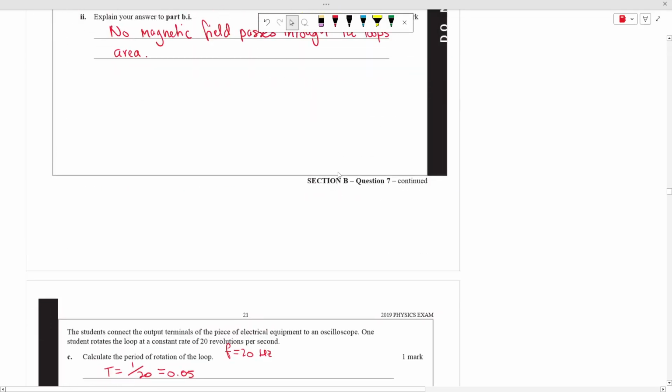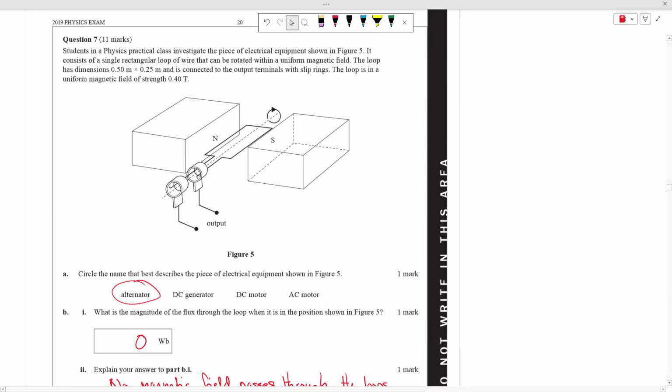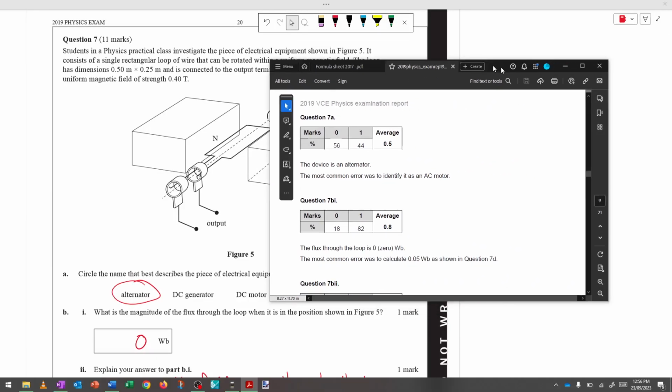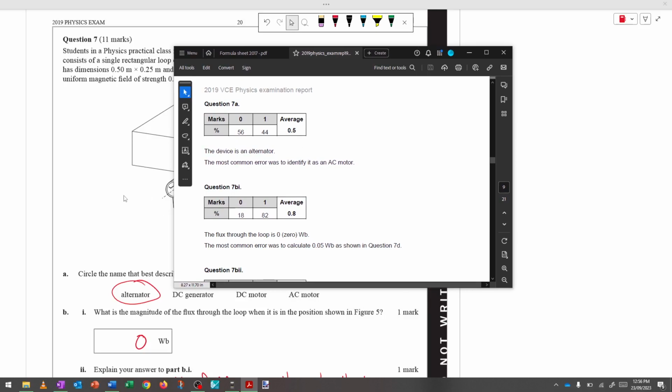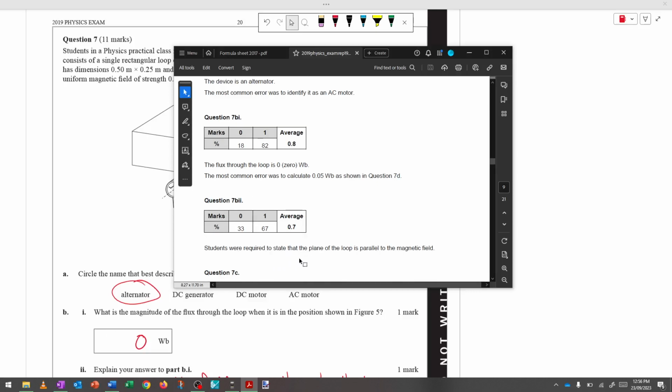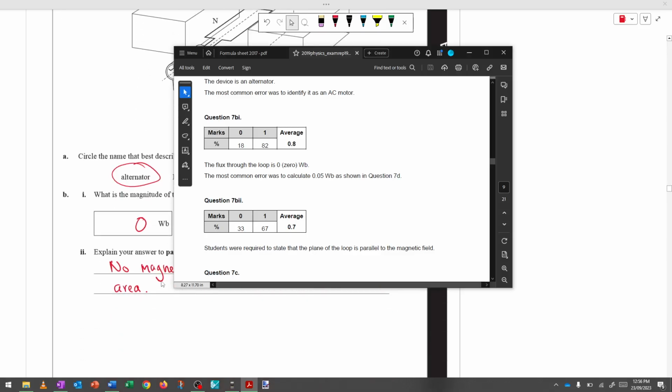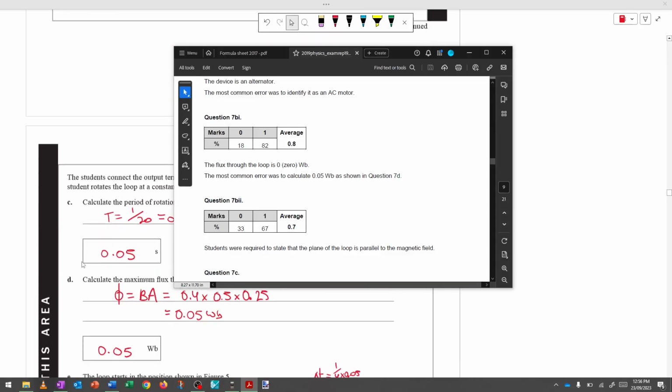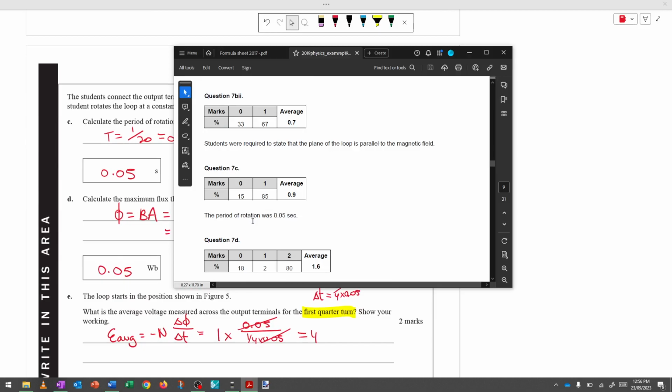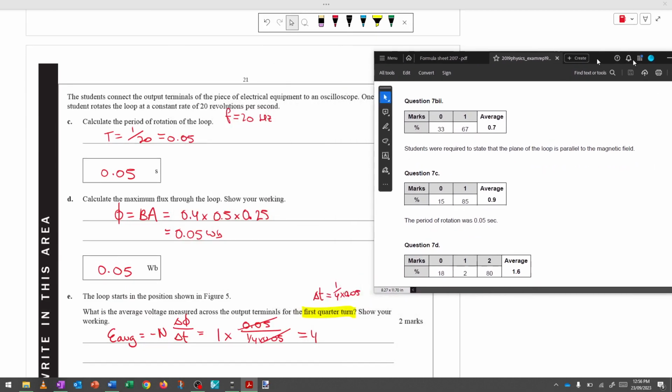Let's go back and look at the report. Okay, so 7A, device is an alternator, good. Part B, I, the flux is 0 because there's no field going through the loop, parallel, that's what we've said. Part C, period of rotation was 0.05, that's 1/20.